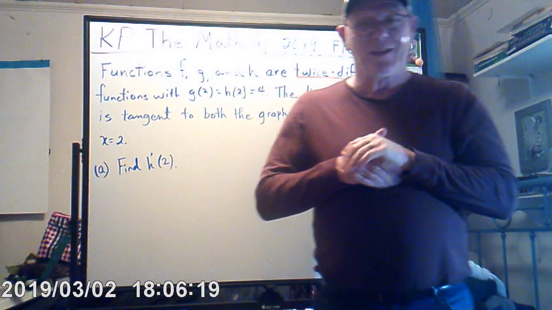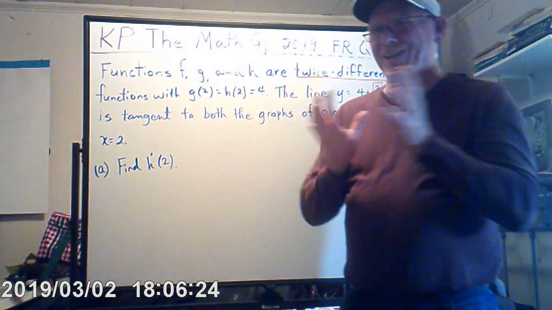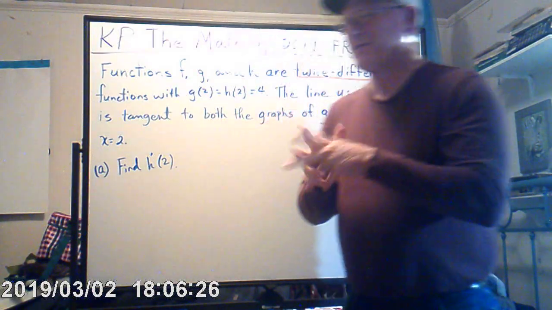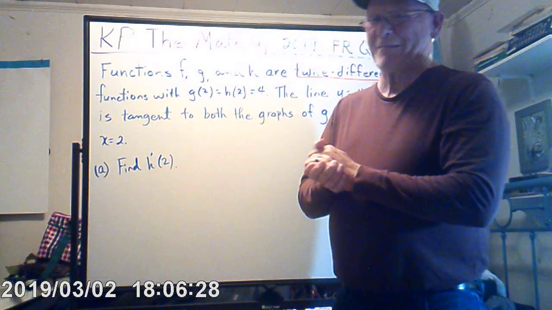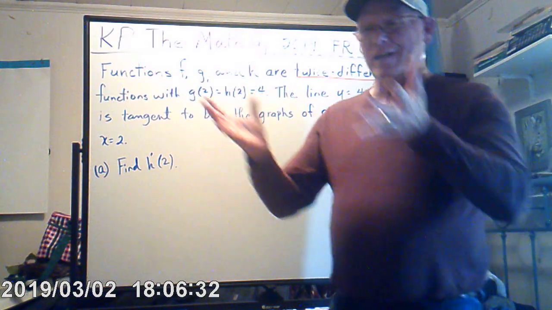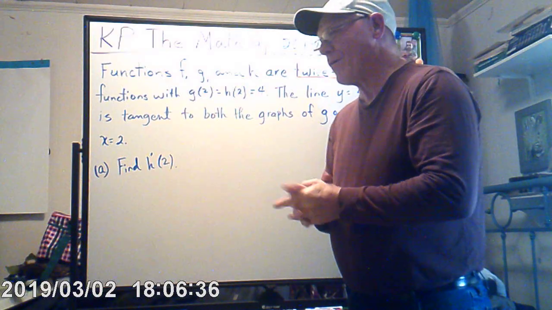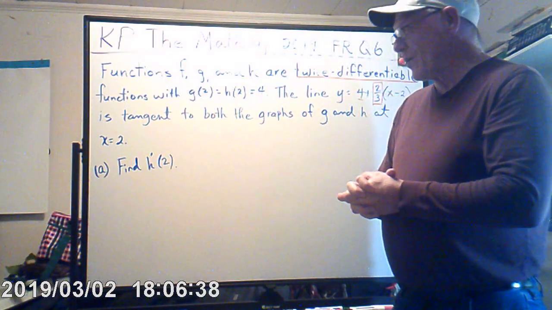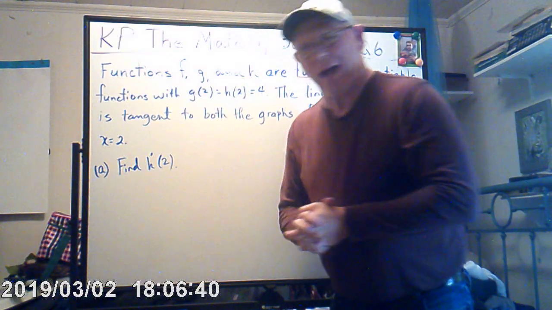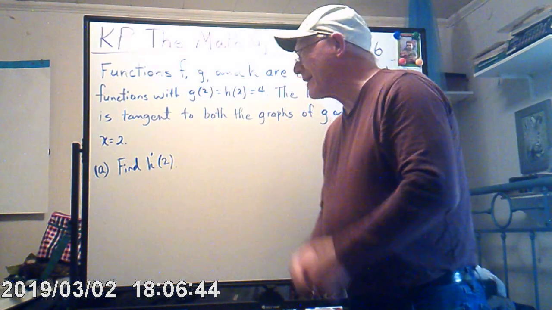And then my son is expecting his second child, so another grandchild for my wife and I. So needless to say, we've been busy and traveling. It's been my birthday, so we've done some traveling over the time, and it's been a little while. Anyway, I'm back. KP the Math G is back.